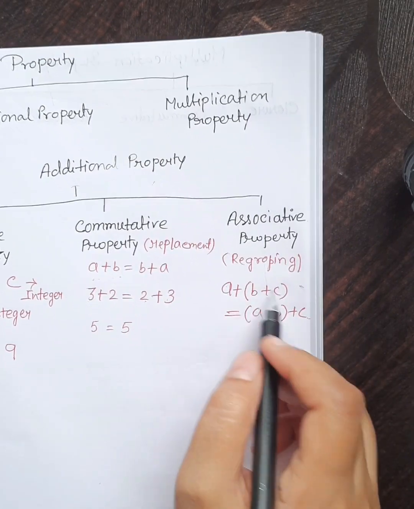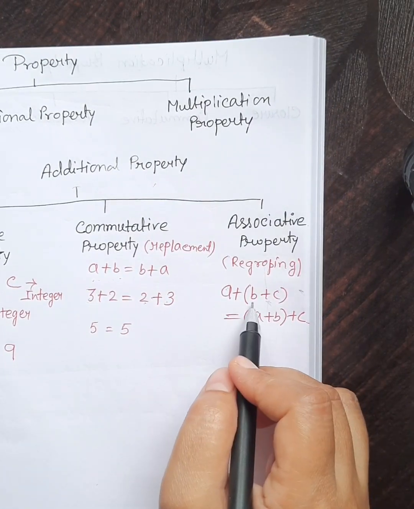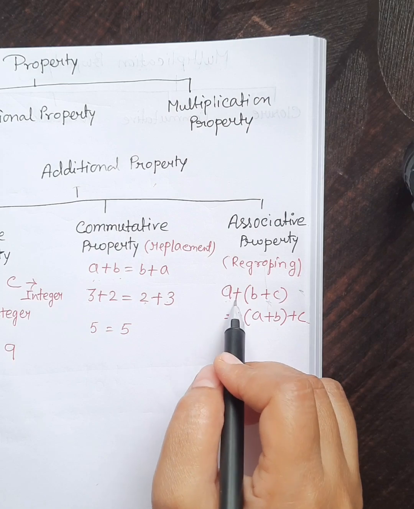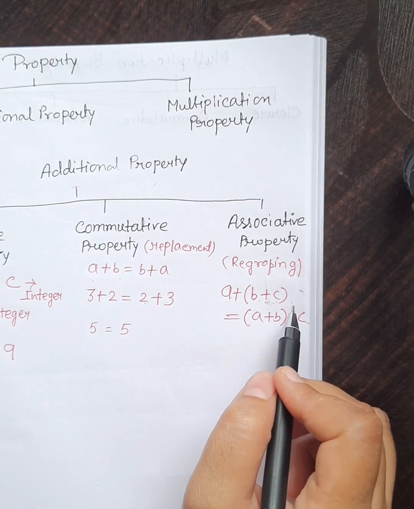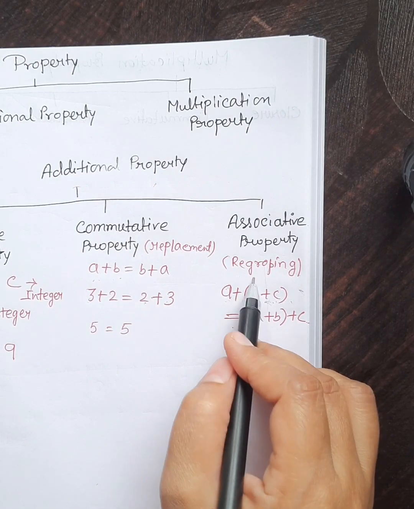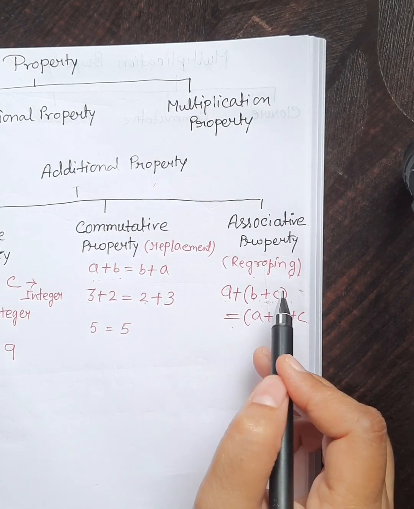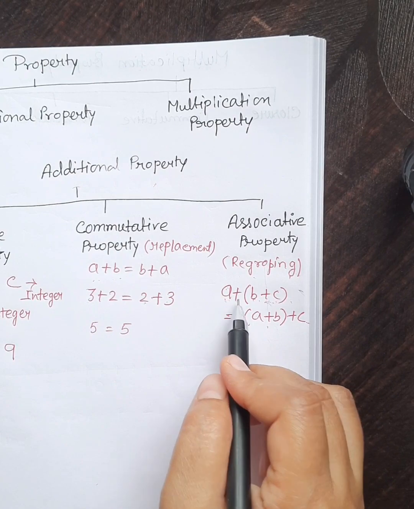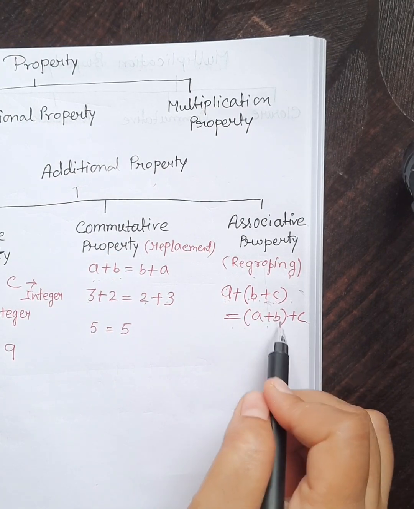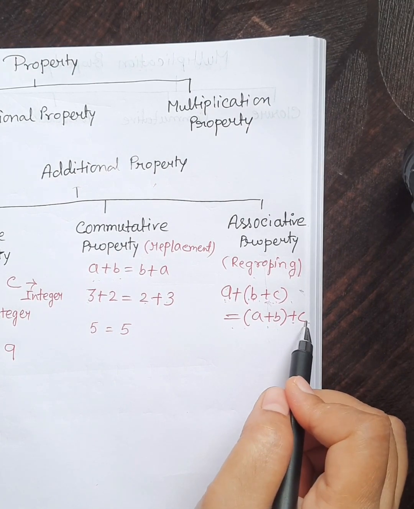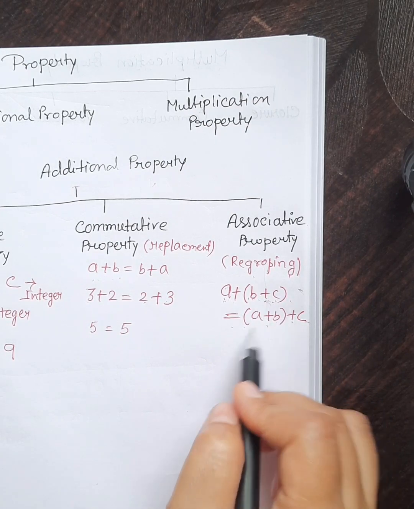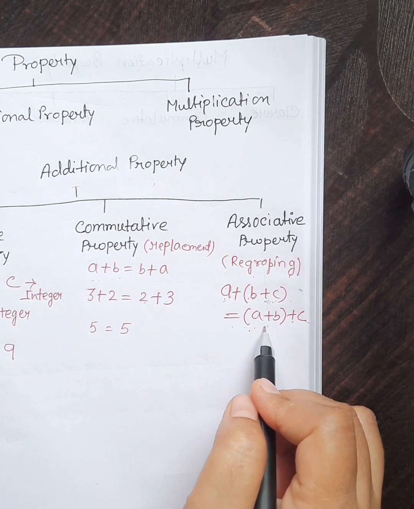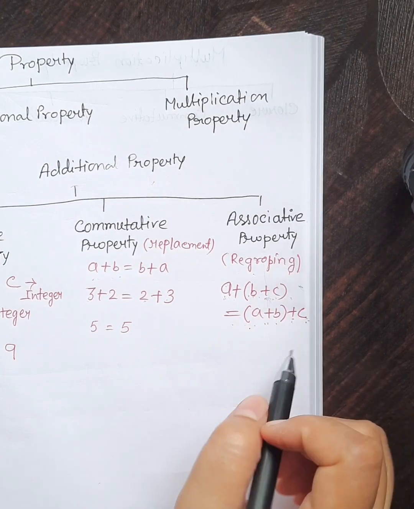See, first on the left hand side we take A plus B plus C. B plus C we can put in a bracket, but you can regroup. How could I regroup? A plus B in a bracket and plus C outside the bracket. That means A plus (B plus C) equals, we can regroup, (A plus B) plus C. This is the associative property.